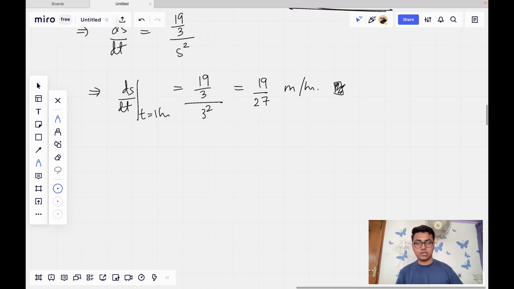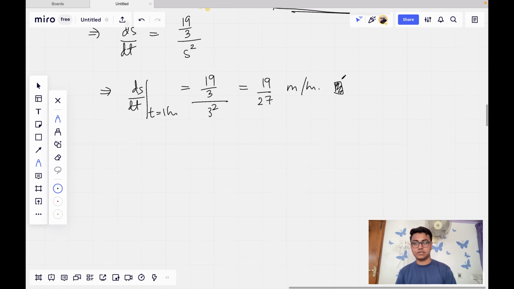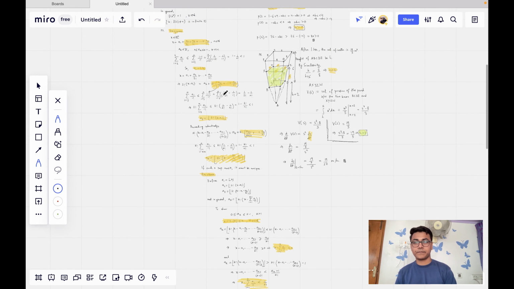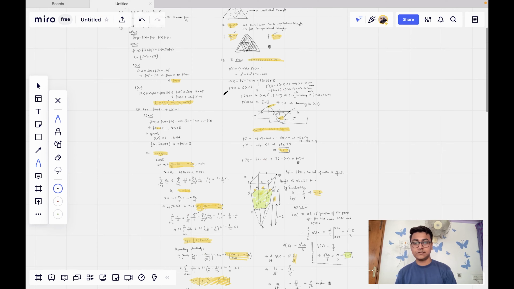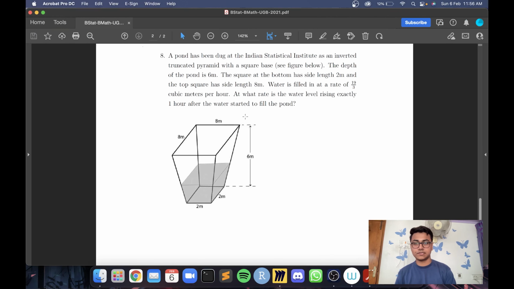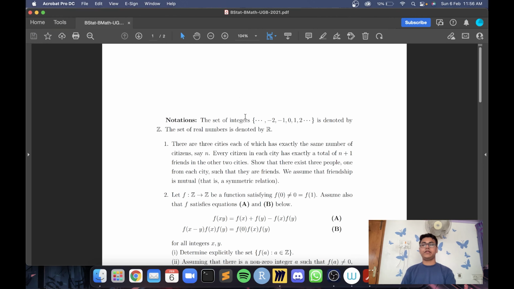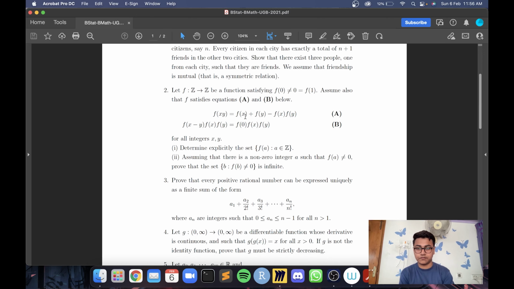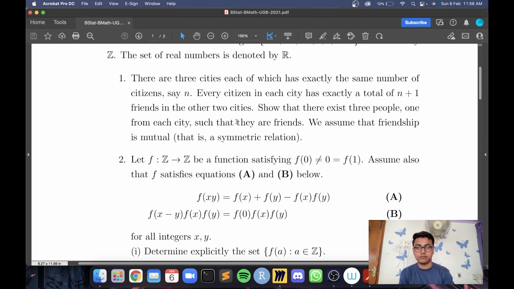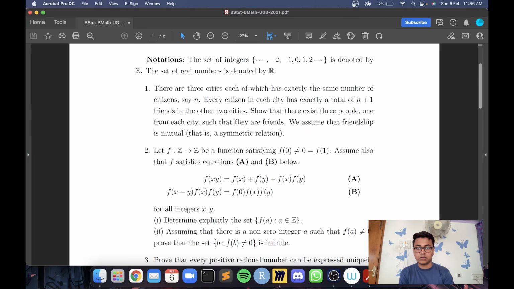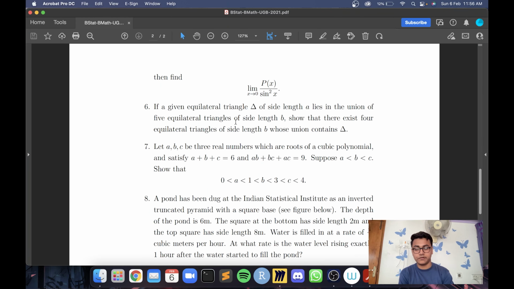So we are done with all the 8 questions of this paper. This was definitely one of the tougher papers. Unlike 2020, when the paper was very easy, it was comparable to 2019. 2019 had a pretty tough paper too. As you will know, the cutoff for this paper was also very low.